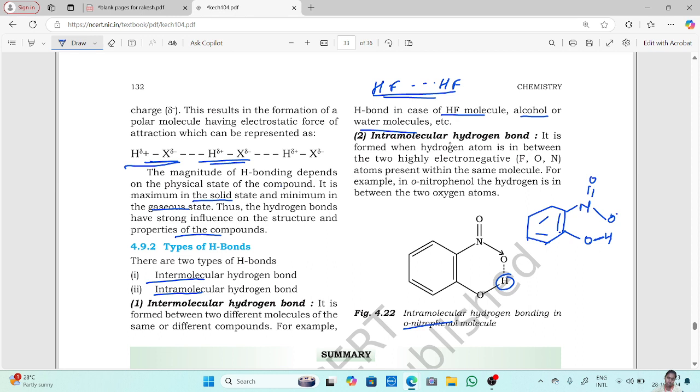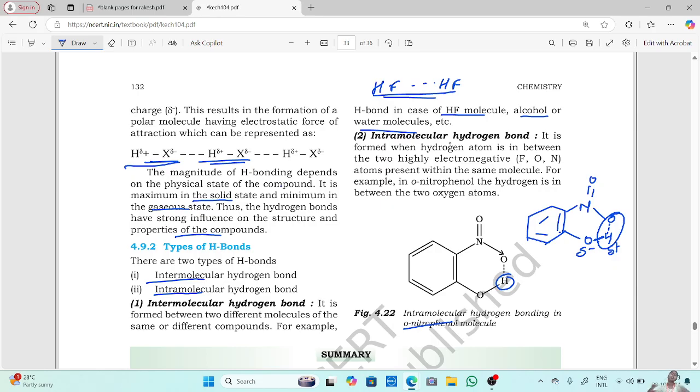This oxygen and hydrogen have a bond between them, and this oxygen is highly electronegative, so the hydrogen's electron will be pulled towards this oxygen, and this oxygen will attain a partial negative and this hydrogen a partial positive charge. Now since this hydrogen has a partial positive charge, it will pull this other oxygen towards itself and form a hydrogen bond between them. So this is what intramolecular hydrogen bond is.